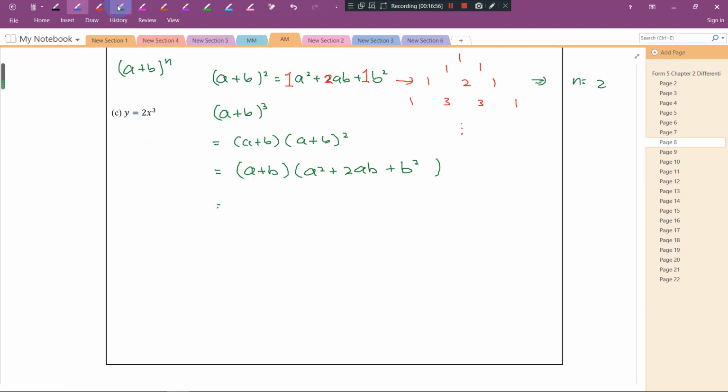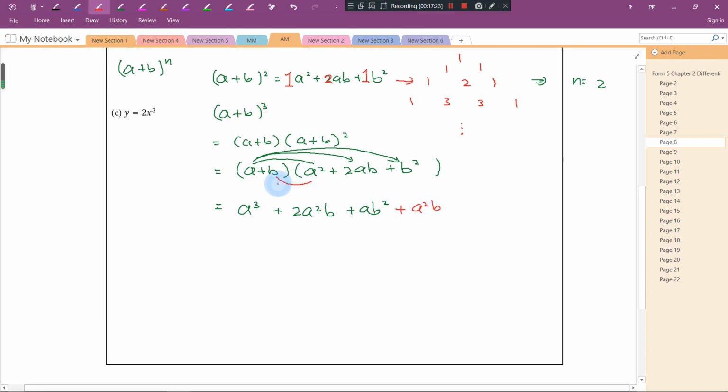Okay, now let me complete this one. A times A squared, you will get A power 3, correct? This one times this one, you get 2A squared B, and the last one again, you will get plus AB squared. Okay, now let's focus on B.